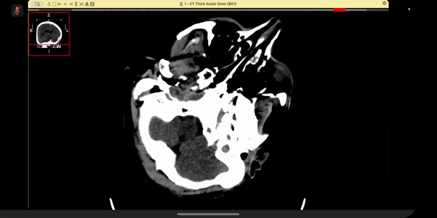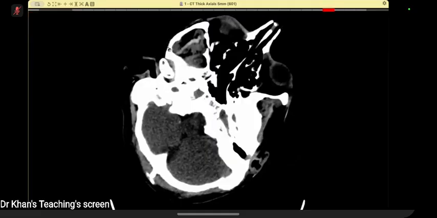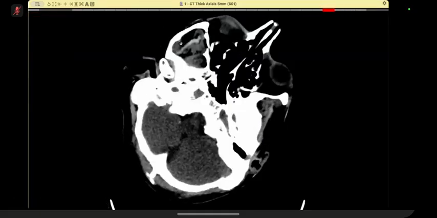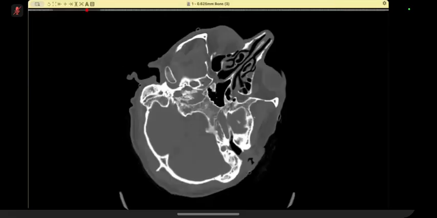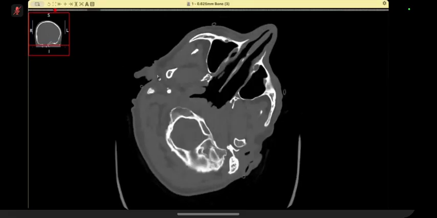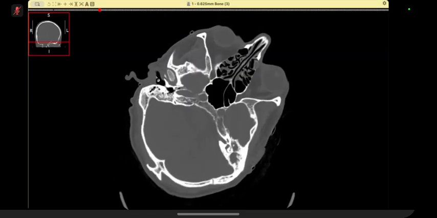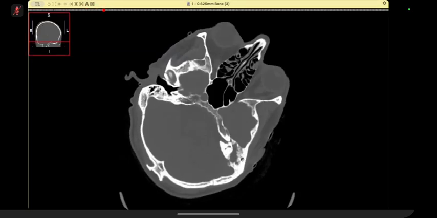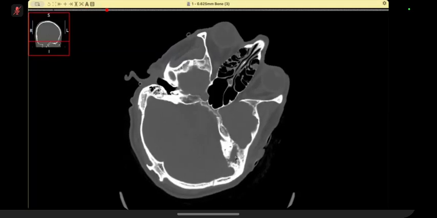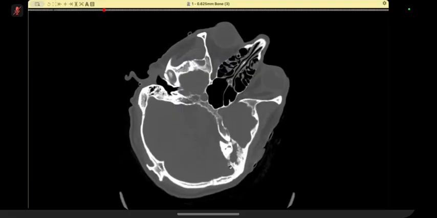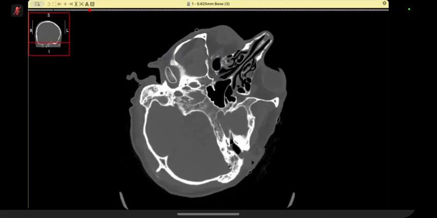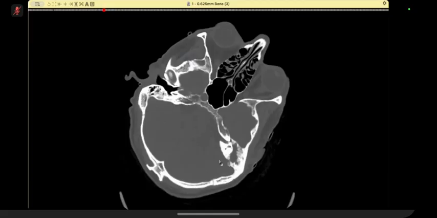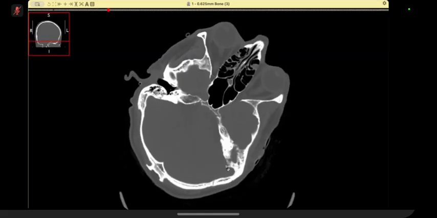In this particular case, this was again otomastoiditis with a cerebellar abscess. This time it was a cerebellar abscess. The candidate did well, picked up the findings, and there was a dehiscence here, and did very well to see on the soft tissue window that there is nothing visible.